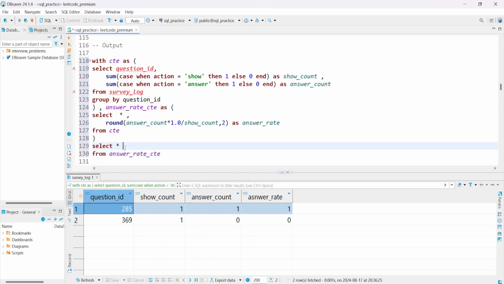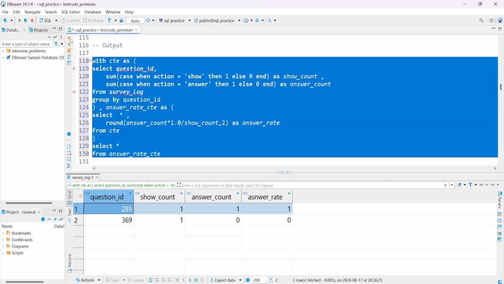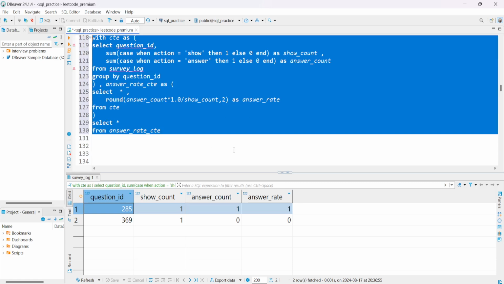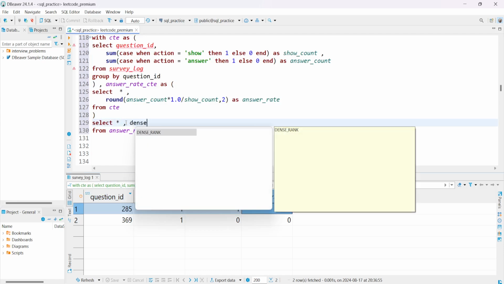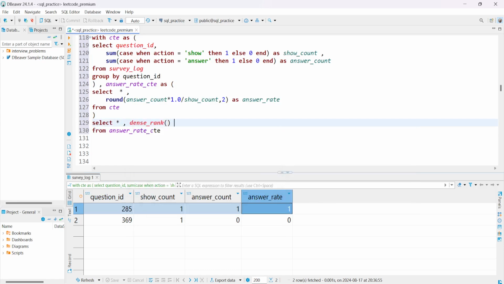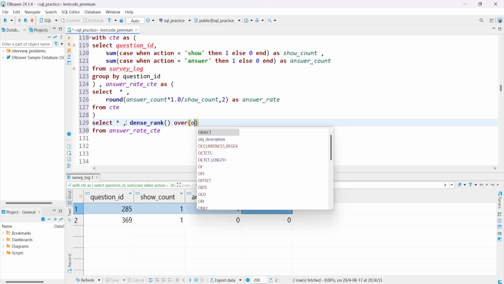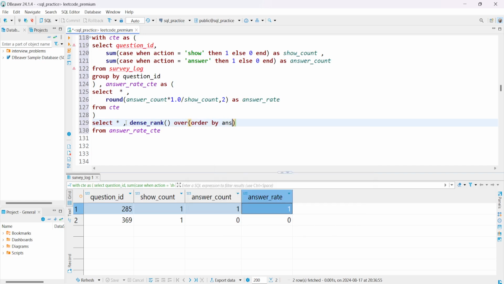Okay, we got everything, and now in the output we need the question with the highest answer rate, so we just need to do the ranking basically. So we can use dense rank over order by answer rate.